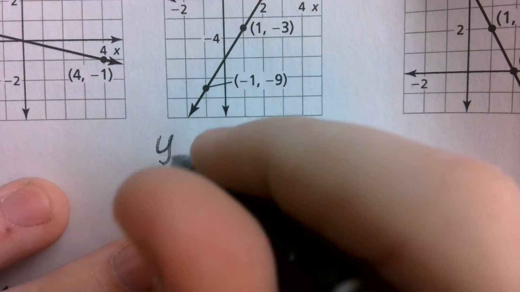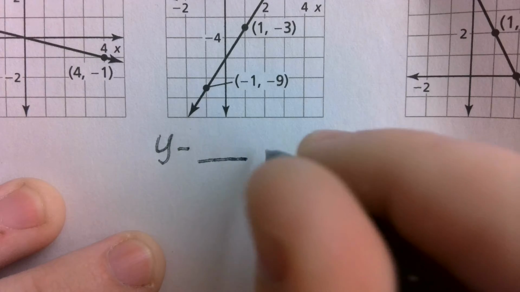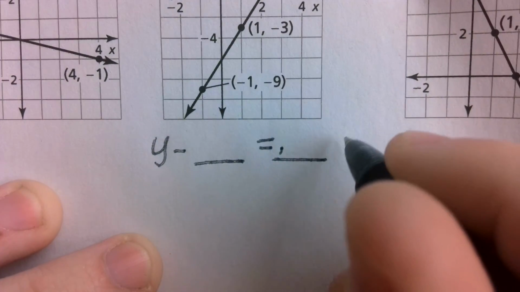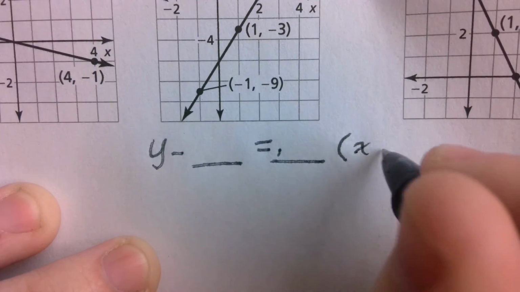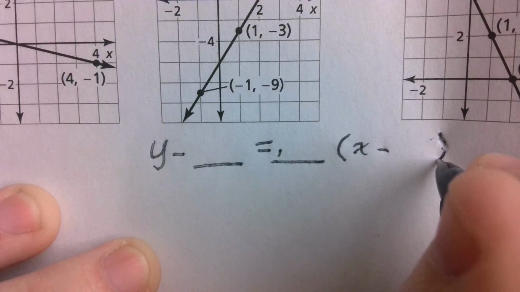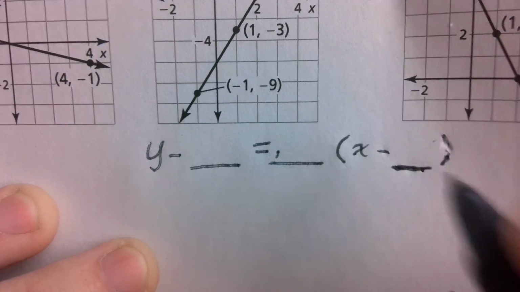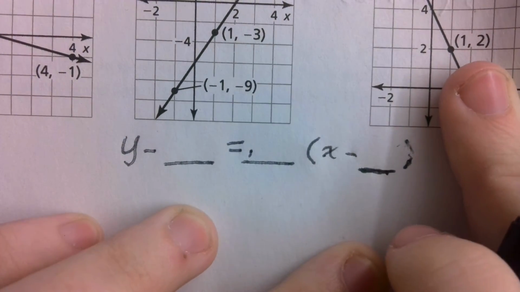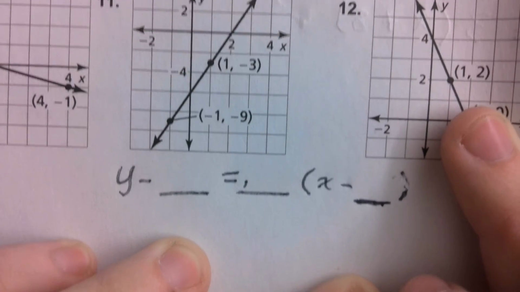Well, we want to put it into y minus whatever y1 is equals whatever m is times x minus whatever x1 is. We want to put it in that form first. Then we're going to change it into slope-intercept form.